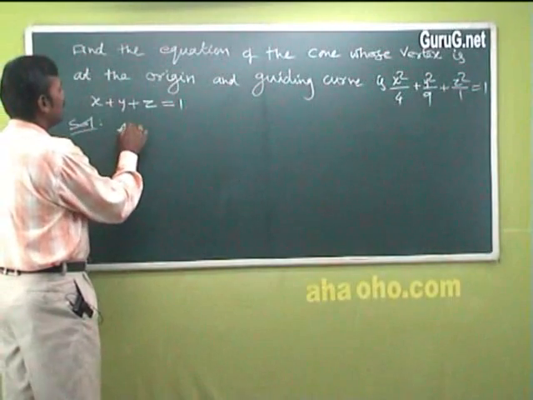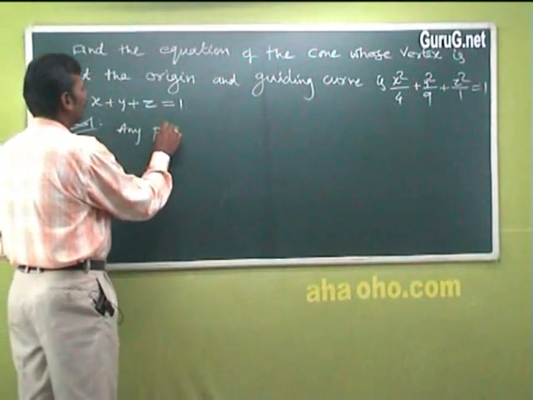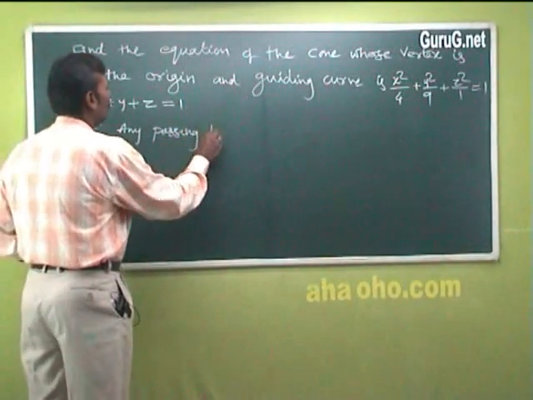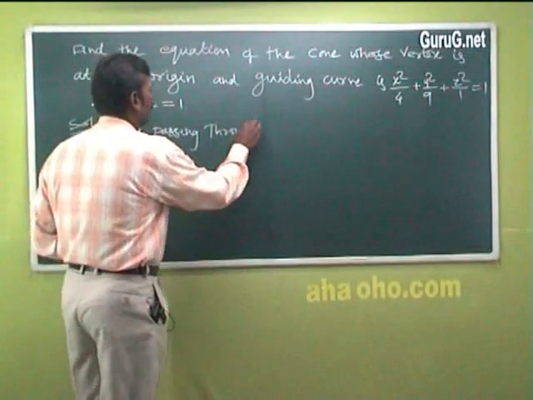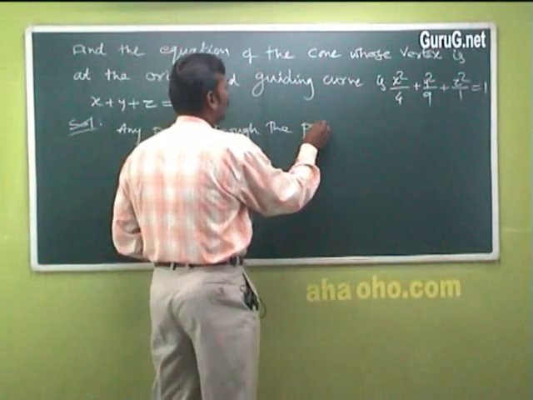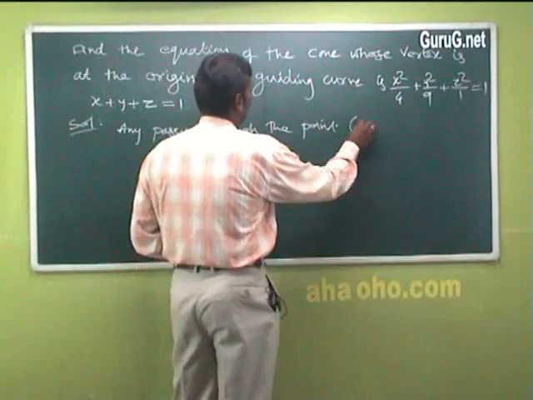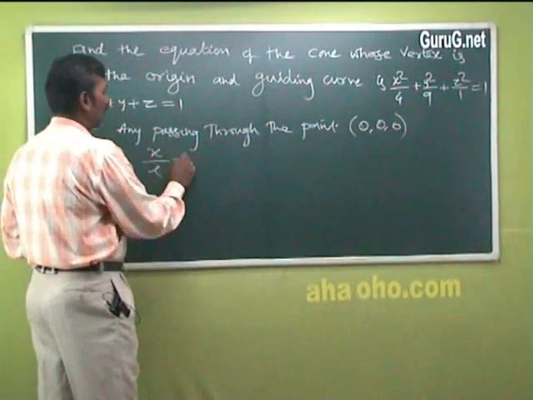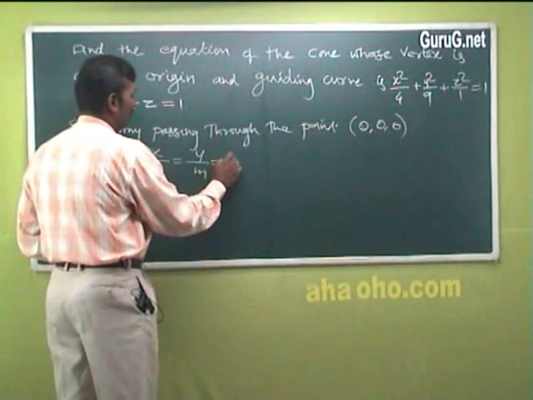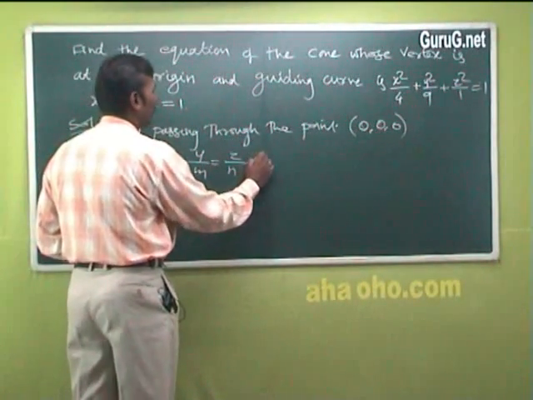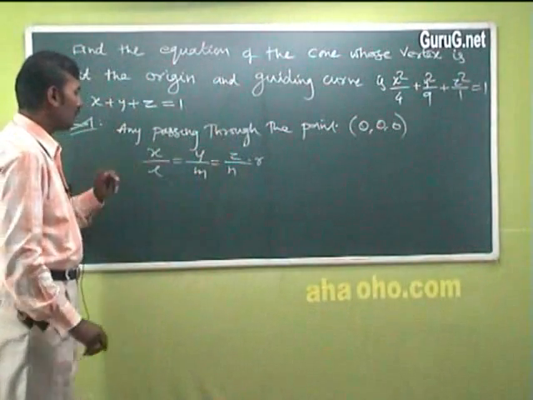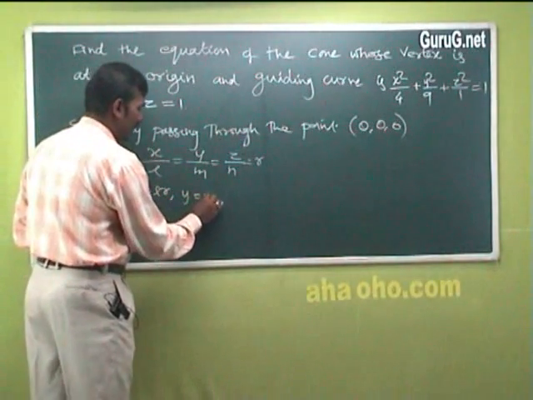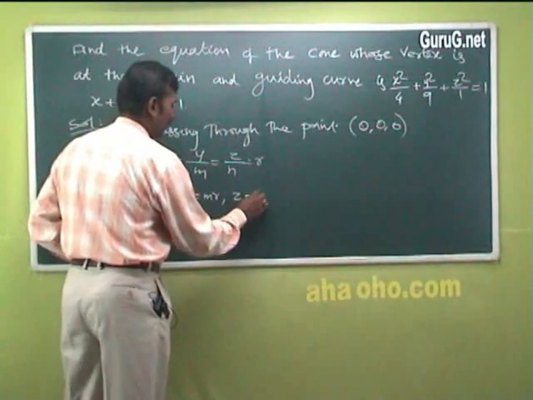So any line passing through the point, here the point is origin, 0, 0, 0, is x by L equal to y by m equal to z by n, take equal to r now, right? Now from this, what is x? So x equal to LR, y equal to MR, and z equal to NR, right?